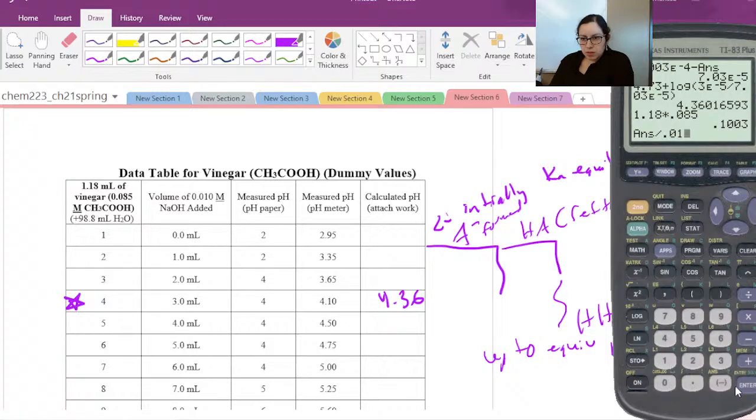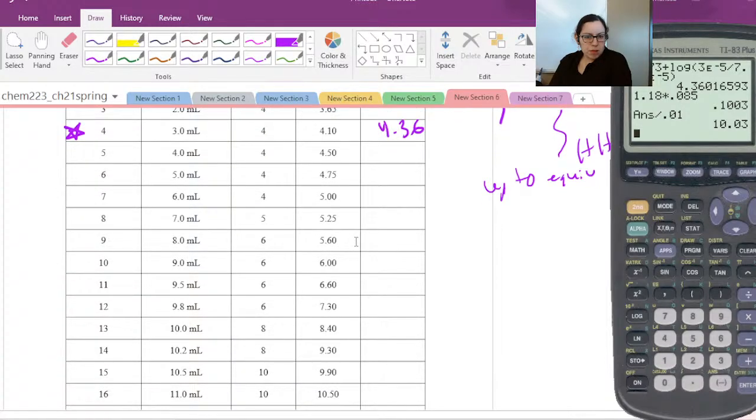Divided by. So that doesn't seem right to me. Might be right. Yeah, so I think I get like 10 mL as the equivalence point, but I did that kind of quickly.